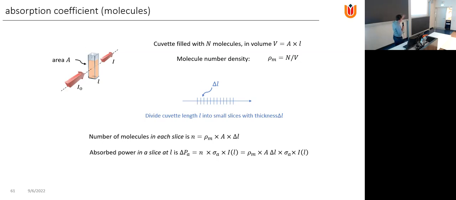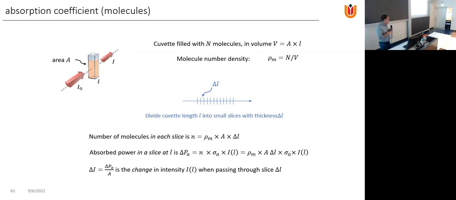Combining these equations, we can write it as the number density rho times the area A times L, the thickness of the slice, times the absorption cross-section times the intensity. That would be the absorbed power. The absorbed intensity is then found by dividing this total expression by the area A, so it will drop out.